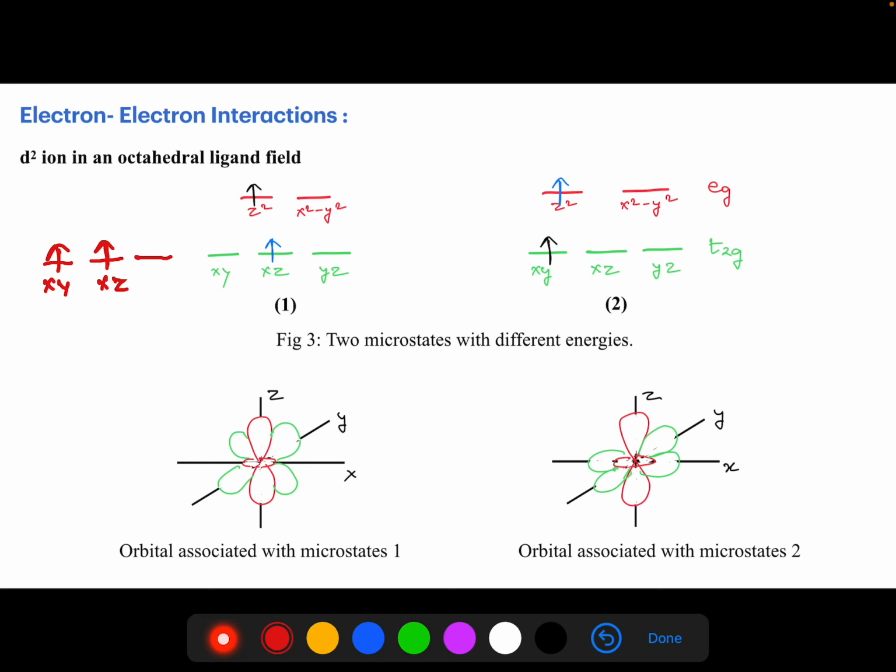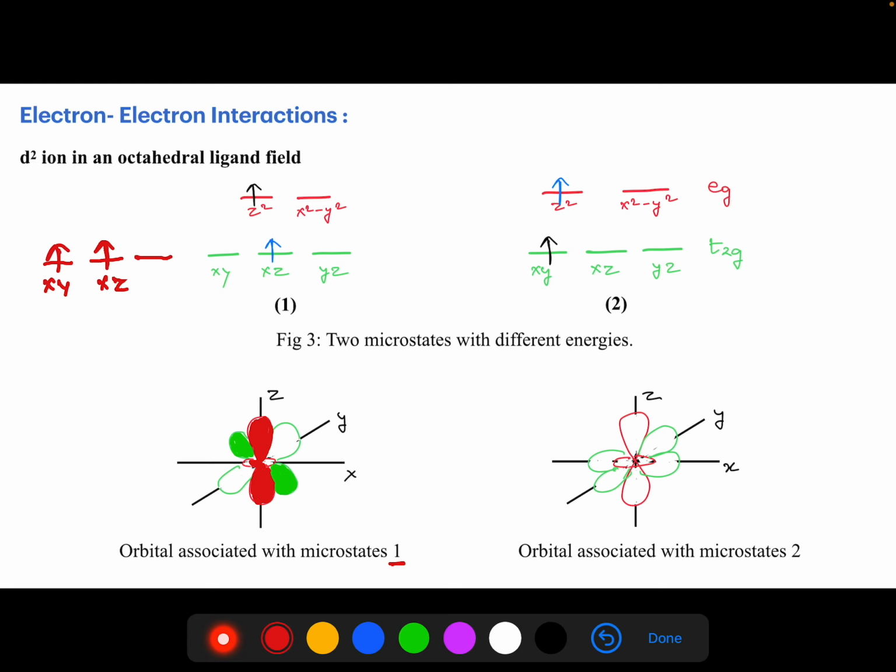For example, if I choose microstate 1, the electron density will be such that this is dz2, and for t2g it is in the xz plane, so this orbital will be filled. This is how my electron density looks for microstate 1.